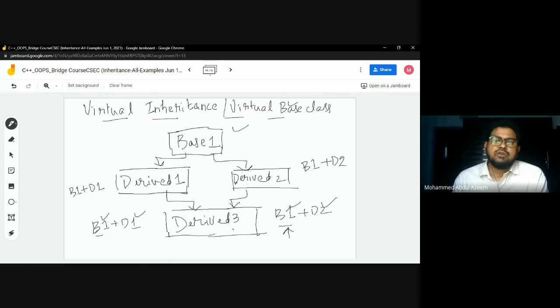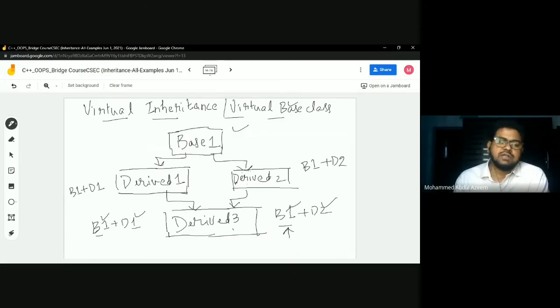Okay. For this particular example, I have suggested two solutions: virtual base class or virtual inheritance. When you feel that any particular base class may be duplicated, when it has been further inherited at different levels, then you can define that particular base class as virtual.